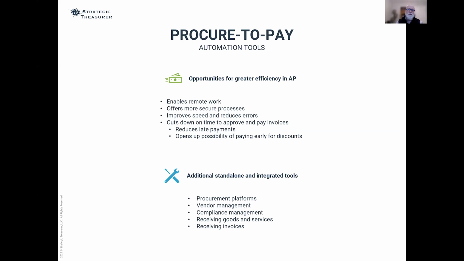Being able to manage the receiving of invoices, goods and services. You can also automate the processes or the tasks that you have by following a procure to pay platform or system.